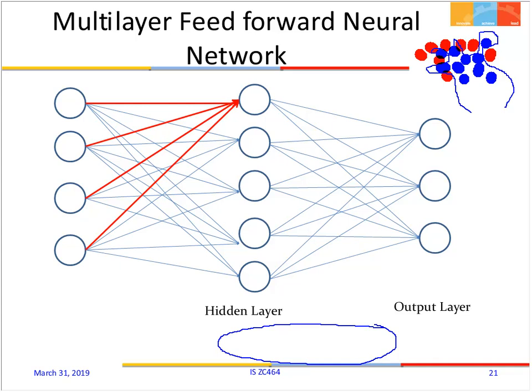You could have seen that we can have another layer in between with more neurons, right? And more connections. So I'll show you more connections. If there are these neurons, then you can have more connections.